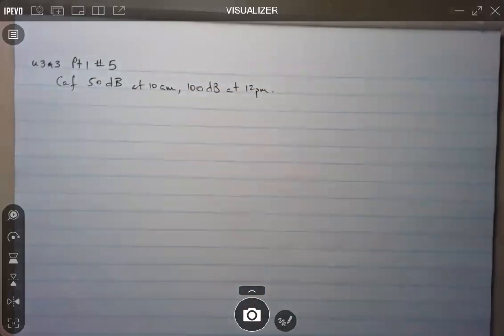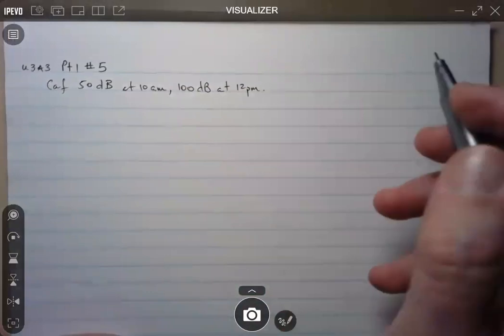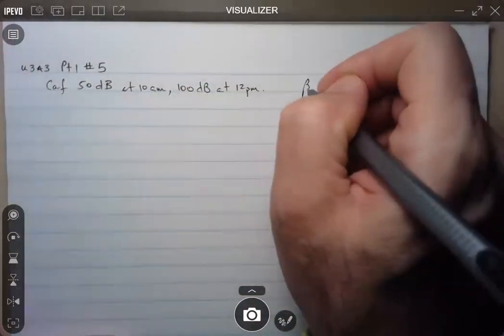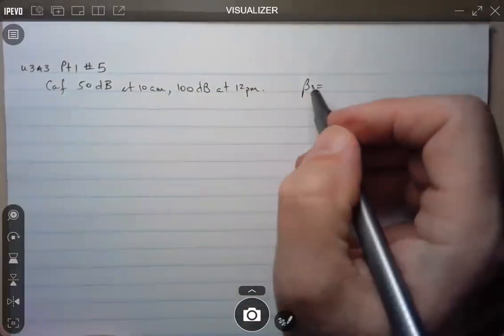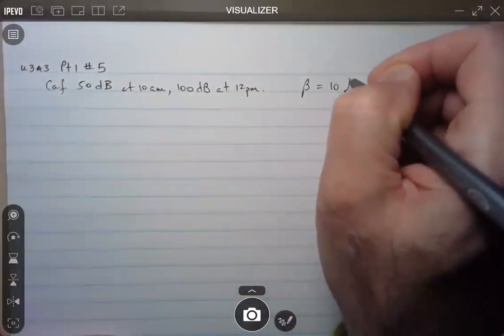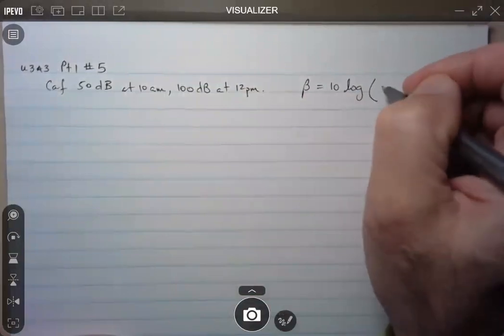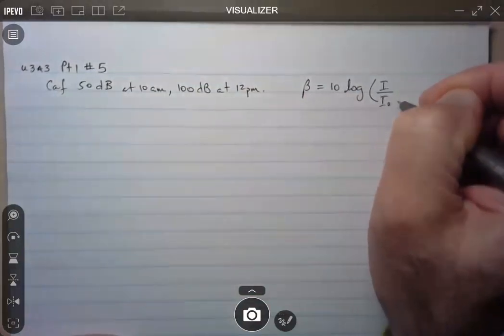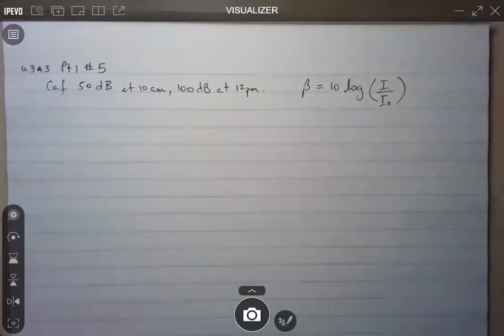Okay. So, like I said, you would be given this equation if you need it, but let's just write it down. We have that our decibel level is given by 10 times log of the intensity of the sound divided by the intensity of that baseline sound that we had talked about.